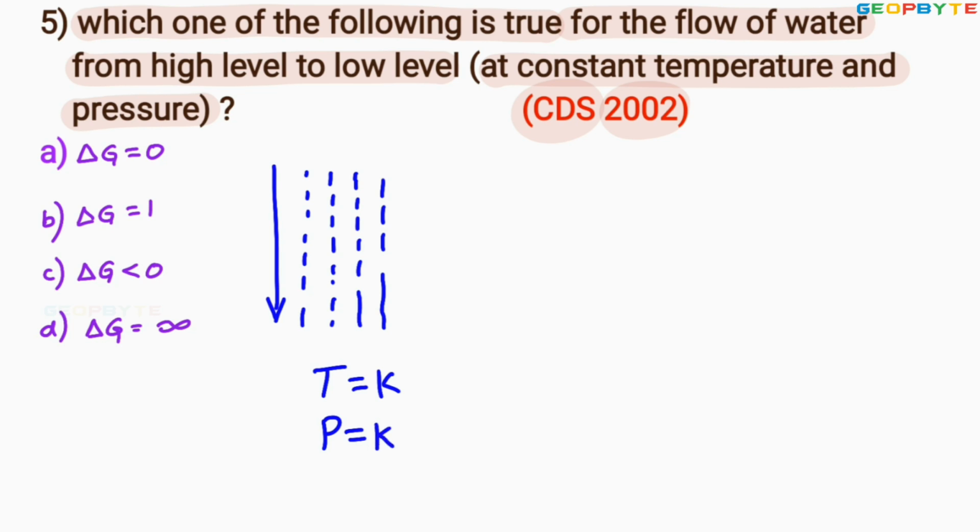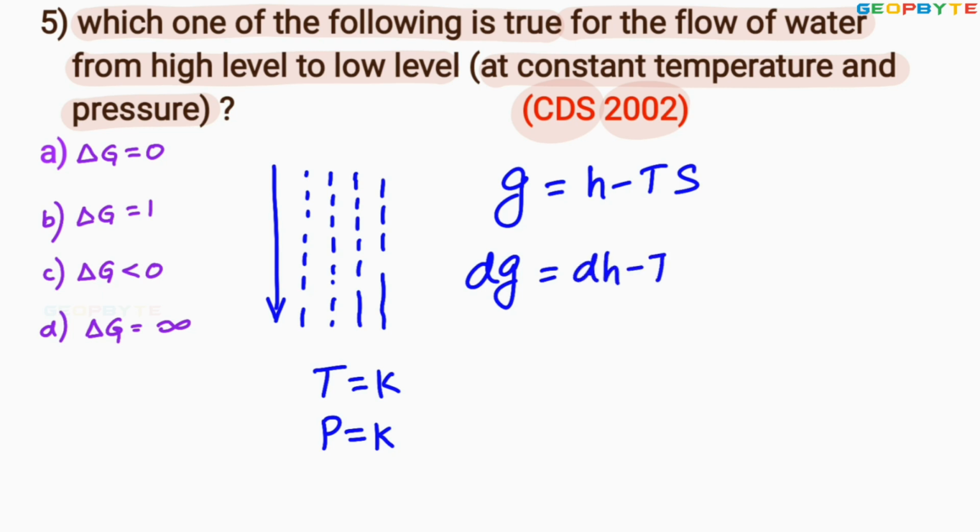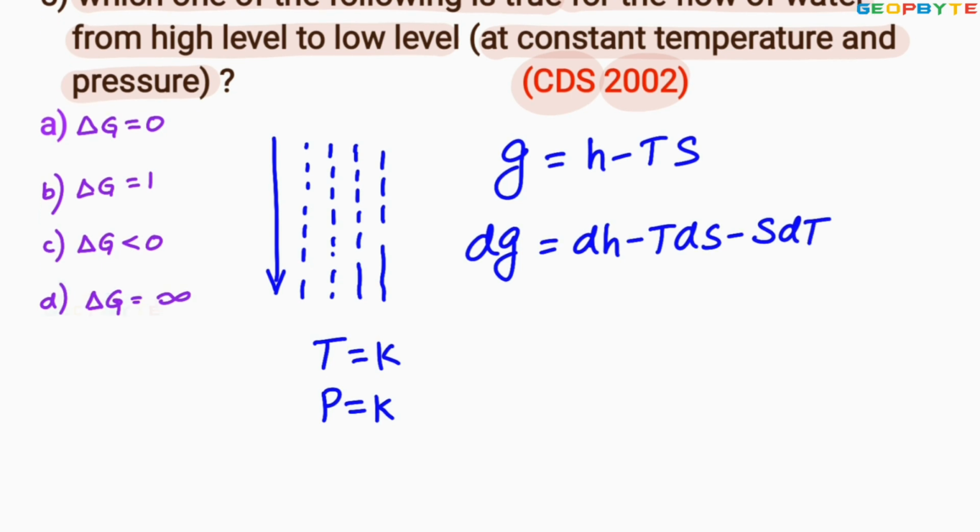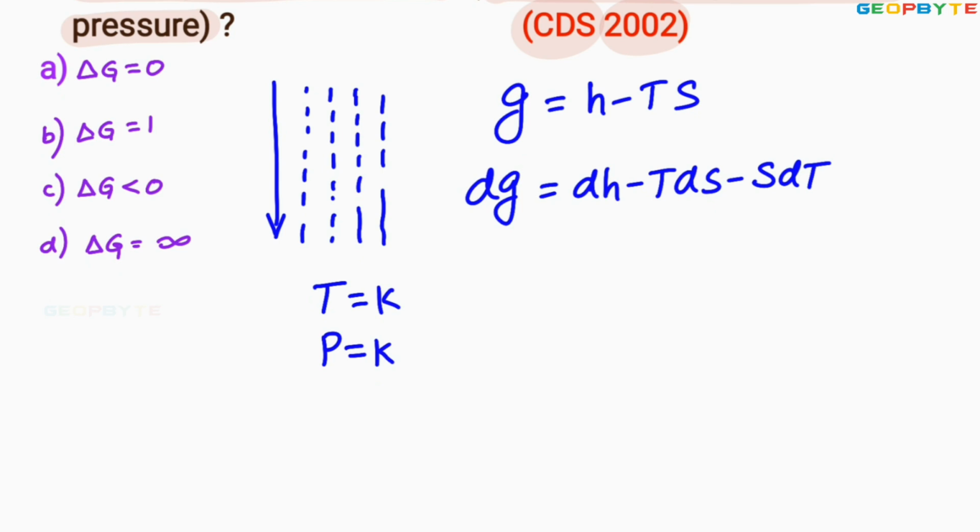Then options are given in terms of Gibbs function G. As you know, Gibbs function G equal to H minus Ts. Then dG equal to dH minus TdS minus SdT. But what is the enthalpy? One minute. Enthalpy H equal to U plus PV.